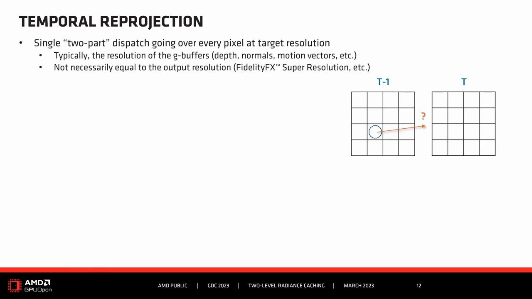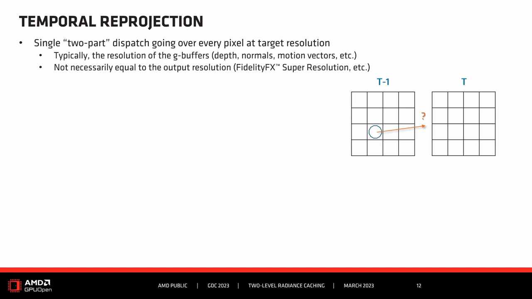So, temporal reprojection of this probe grid. We do this in a single dispatch that's conceptually made of two distinct parts. And as I mentioned, we go over every pixel at target resolution. And I think now is probably a good moment to clarify what I mean by target resolution.